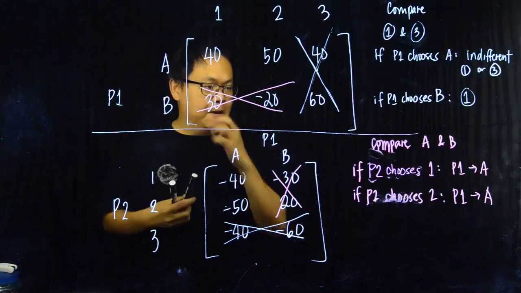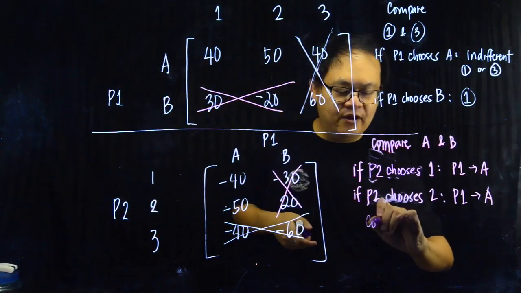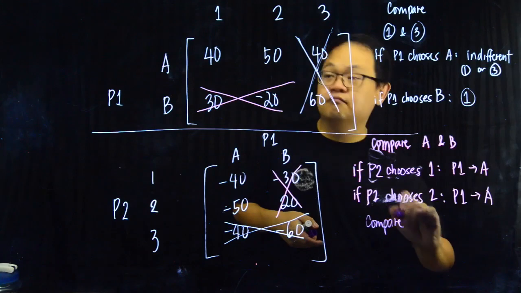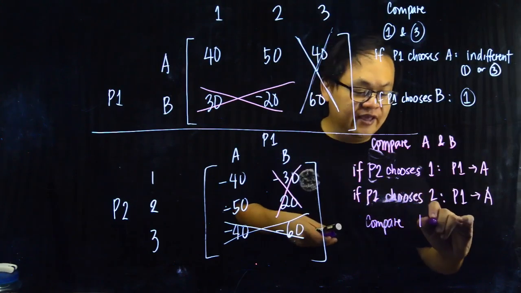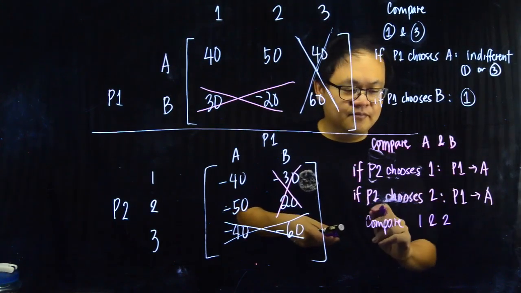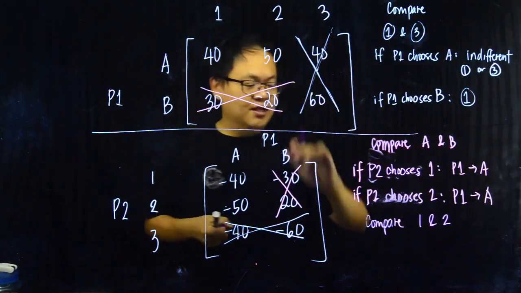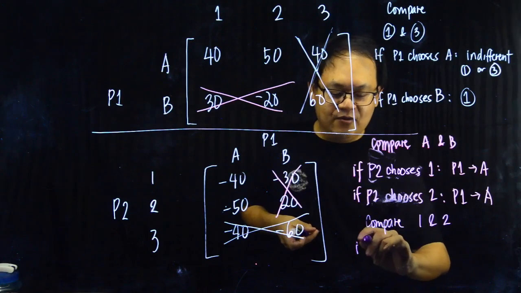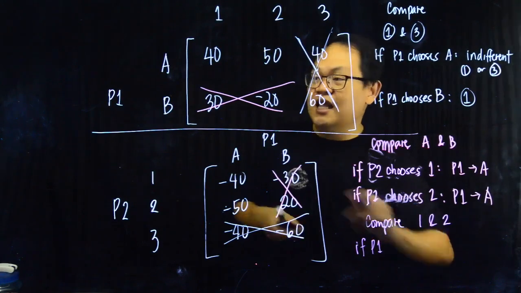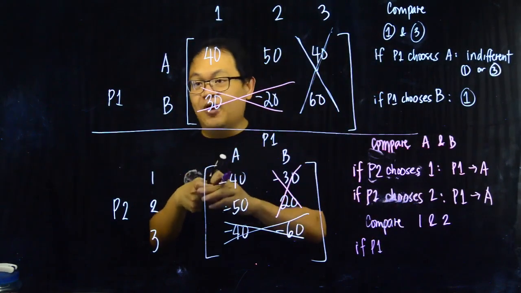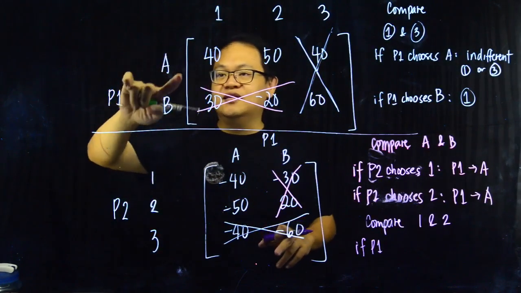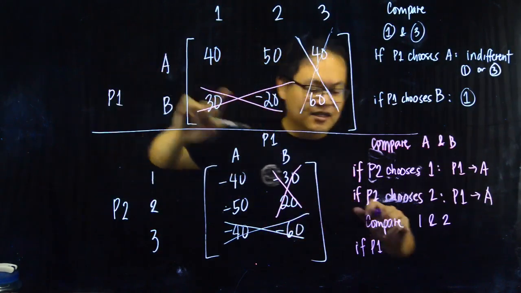Now, finally, we can compare 1 and 2 again. We're comparing strategies 1 and 2 of player 2. Therefore, the opponent is player 1, who in this case only has a single strategy available.